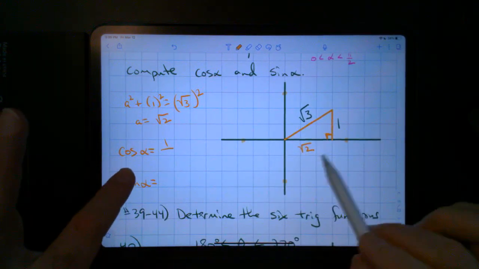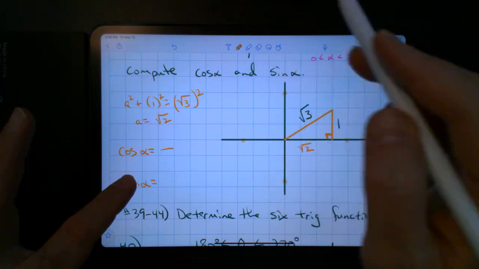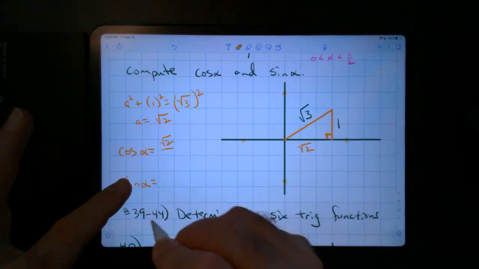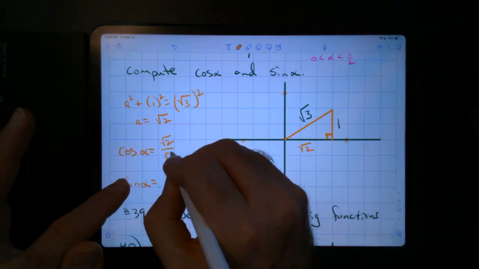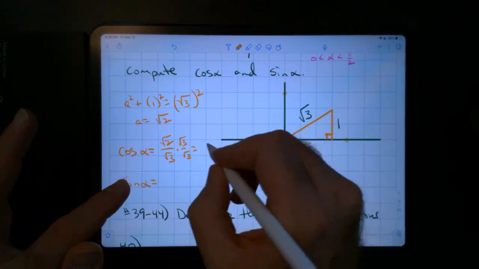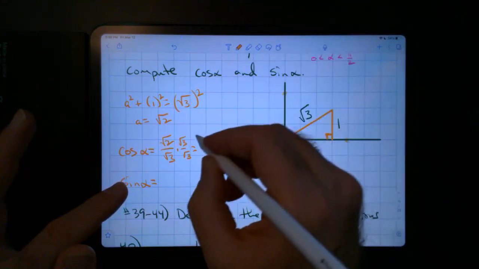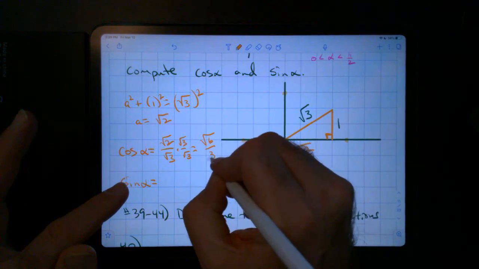Cosine is your x component, which is radical 2 over radical 3. Rationalize the denominator, and I have radical 6 over 3.